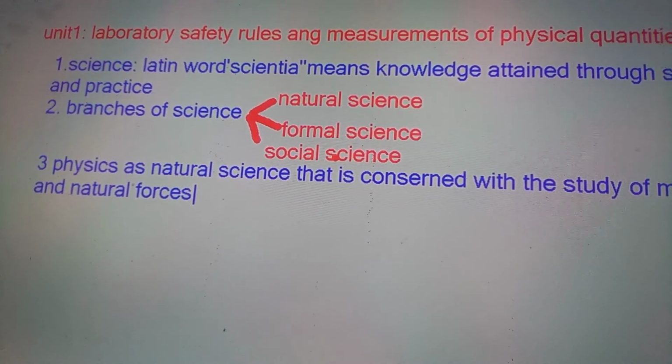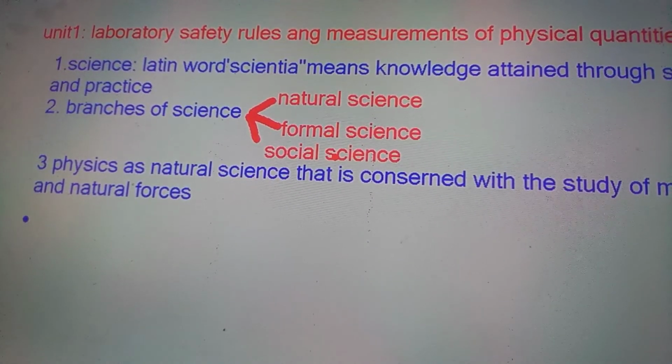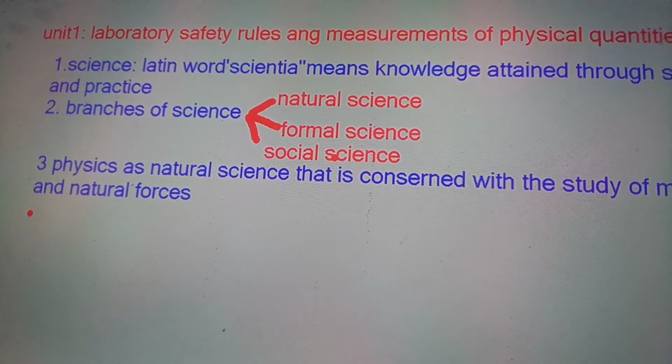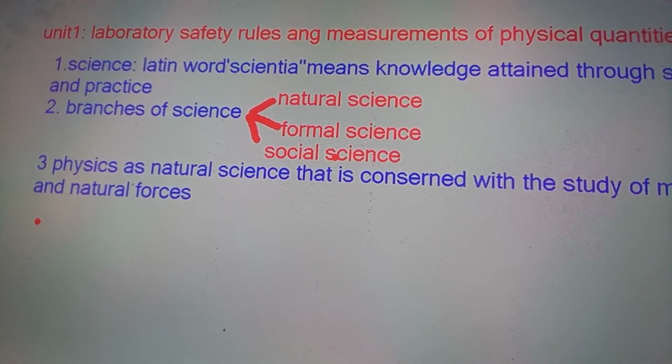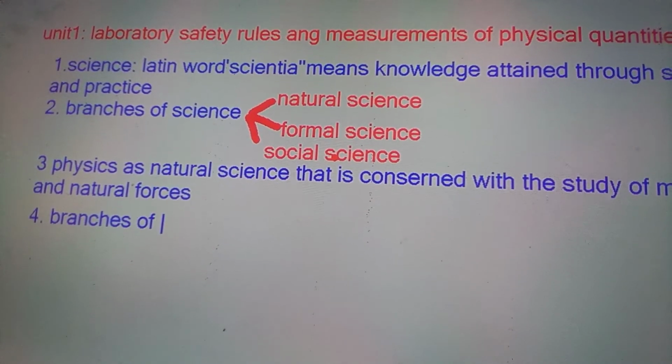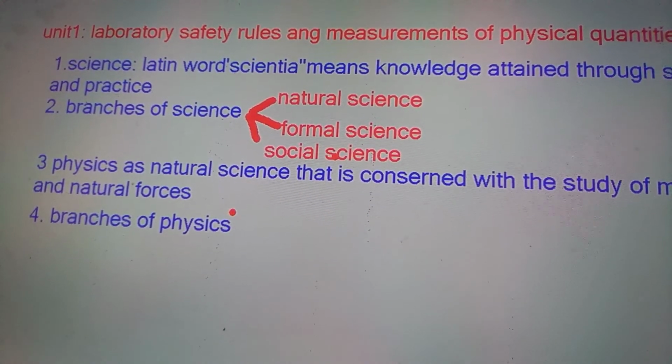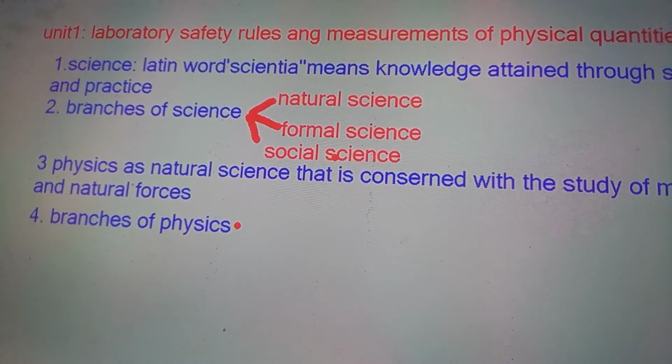After the definition of physics, we have seen many branches of physics. So that is point number 4, branches of physics.